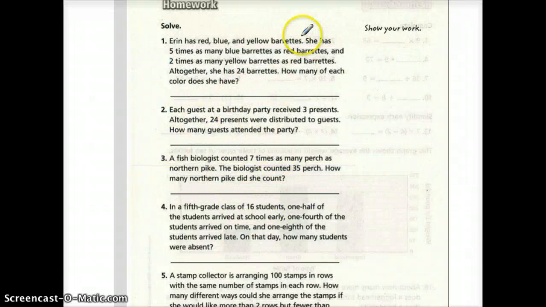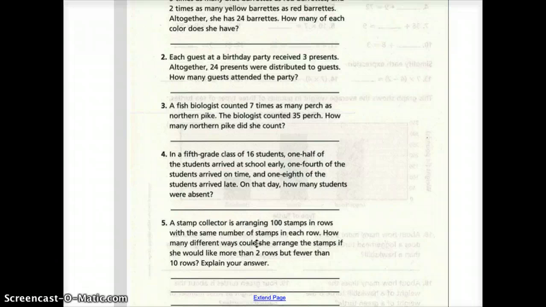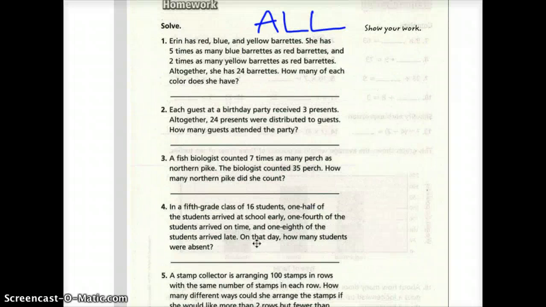Okay, we are doing all on this page. Let's look at number 4 on this page.